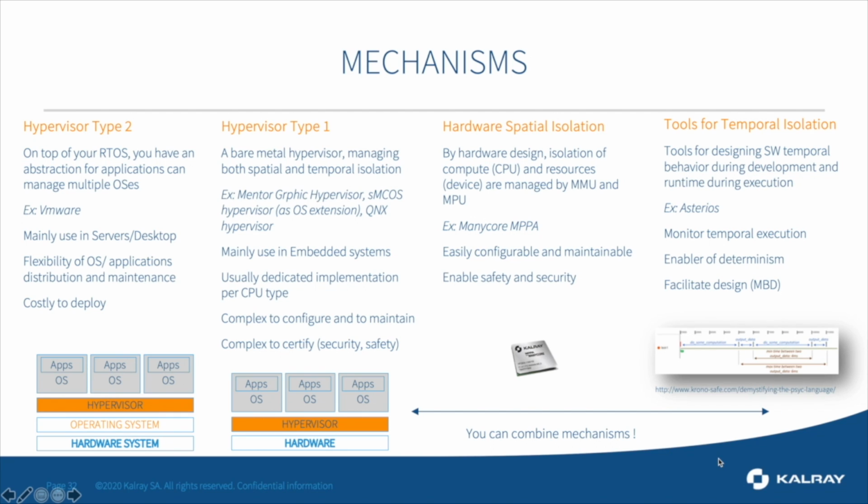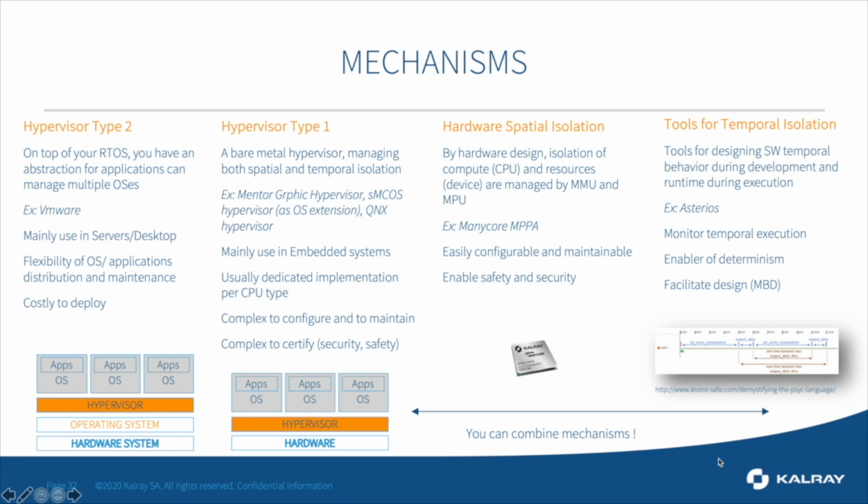That's very flexible, mainly used in server and desktop, and could be costly to deploy. The abstraction is very high in terms of sharing the features, and in terms of determinism, it's limited.